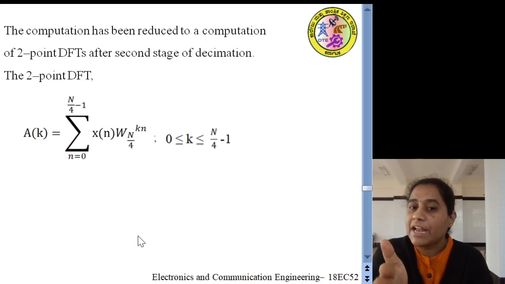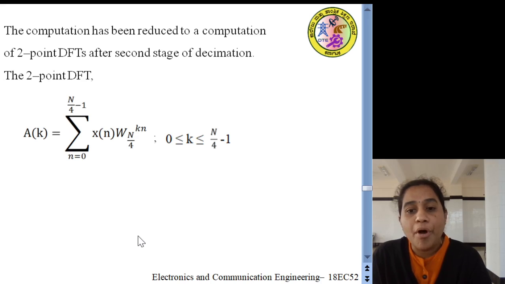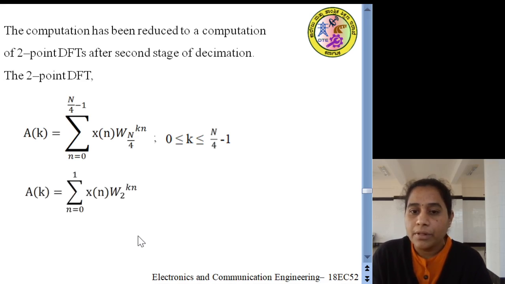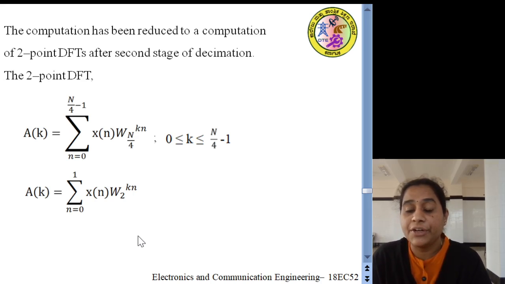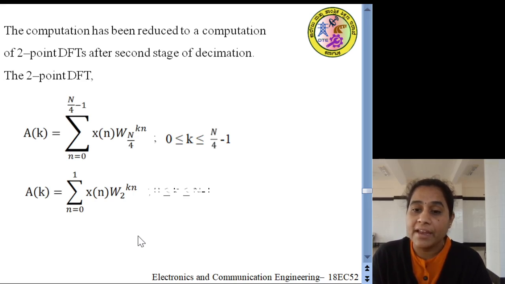If we consider the value of N as 8, obviously our A[k] represents a 2-point DFT. So our A[k] is the summation over n from 0 to 1 of x[n] into W_2^{kn}, where the value of k varies from 0 to N minus 1.